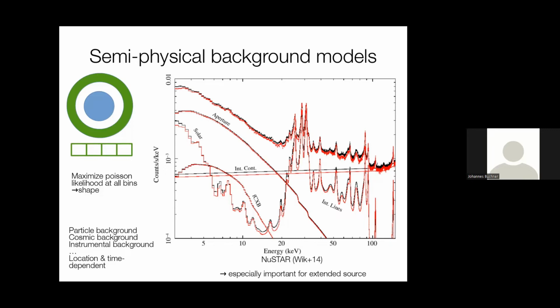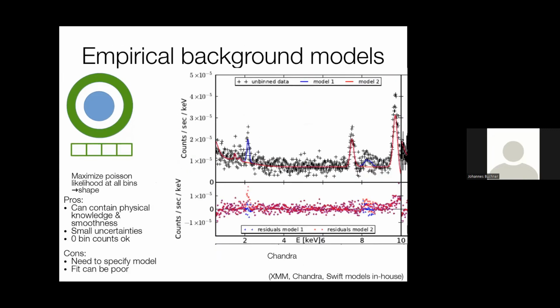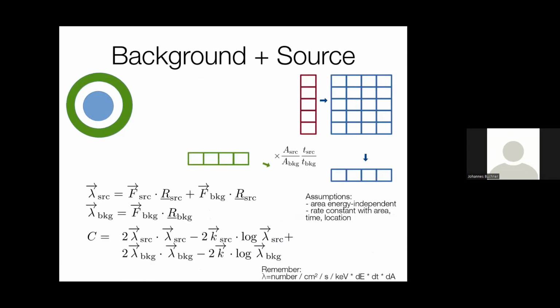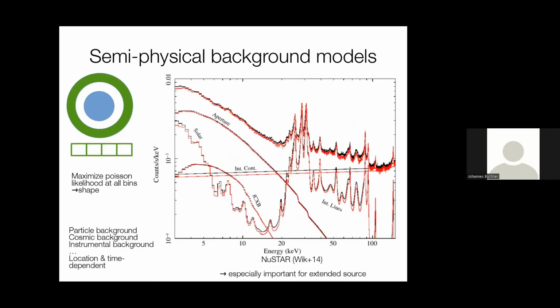And then so here's, if you have an instrument that goes to softer responses, so down to 1 keV or 0 point something keV, then you also get emission from the local bubble, so the environment of our solar system that has a lot of hot gas.